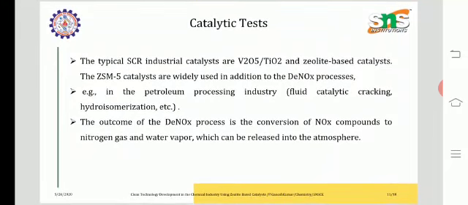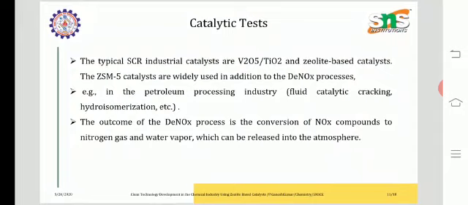A typical SCR industrial catalyst is vanadium pentoxide and titanium oxide. We can use vanadium pentoxide or titanium oxide and a zeolite based catalyst. So instead of using V2O5 and TiO2, zeolite is a natural product that can produce very good results.